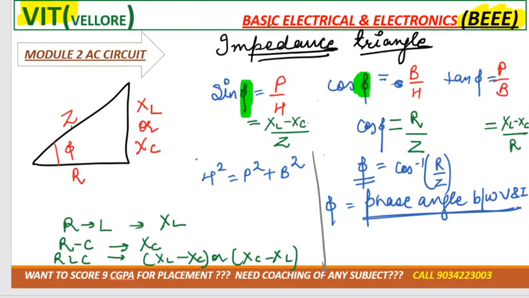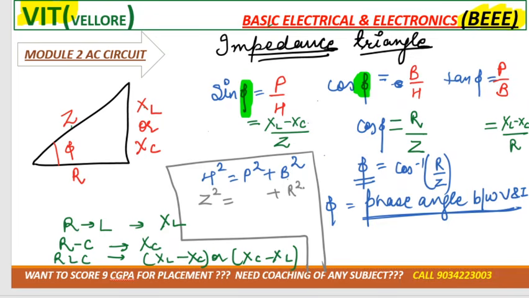Now you need to apply the Pythagoras theorem. Can you tell me, by the Pythagoras theorem, the hypotenuse is how much? It would be Z square. The base is R square, and the perpendicular is (XL minus XC) whole square.